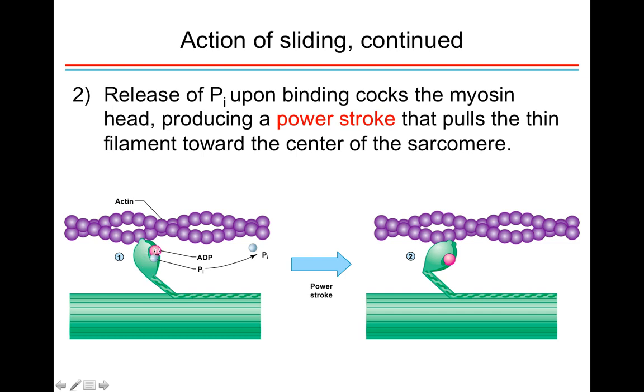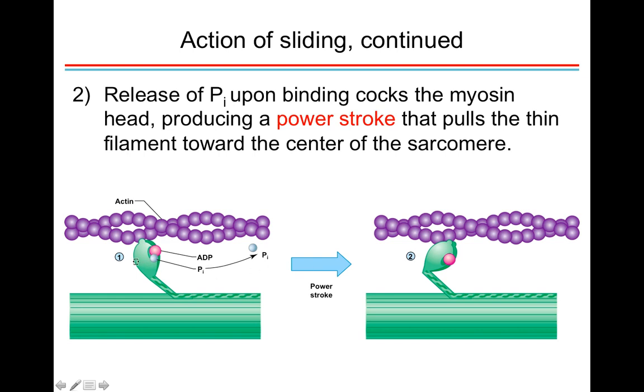So here we see the activated myosin head with ADP and phosphate attaching to the actin filament. Now, in order for the myosin head to be moving and inducing a contraction event, there needs to be another chemical reaction. In this case, the phosphate is going to be released. So the ADP stays attached. As the phosphate is released, that is going to be releasing energy.